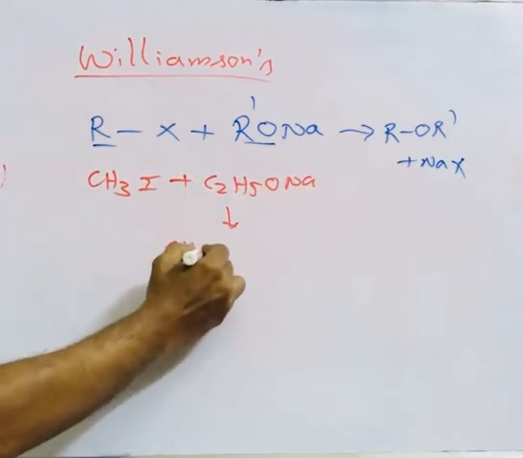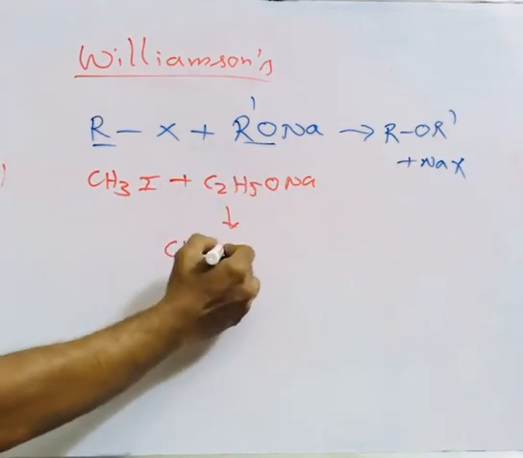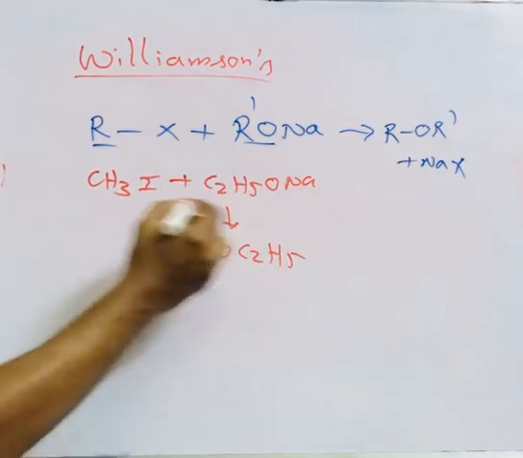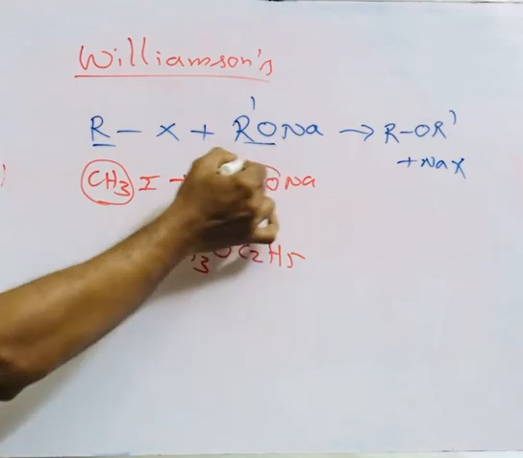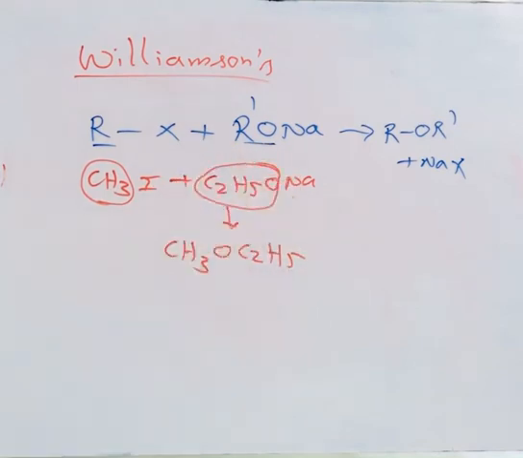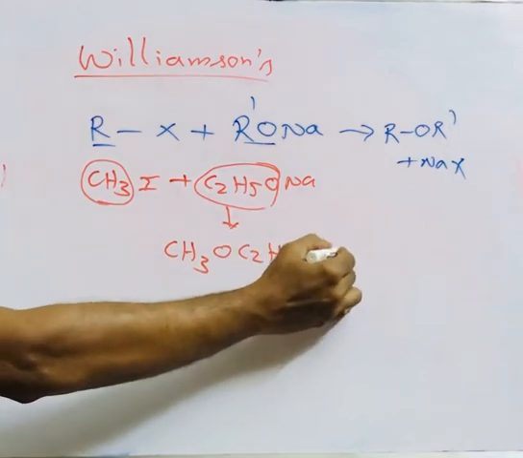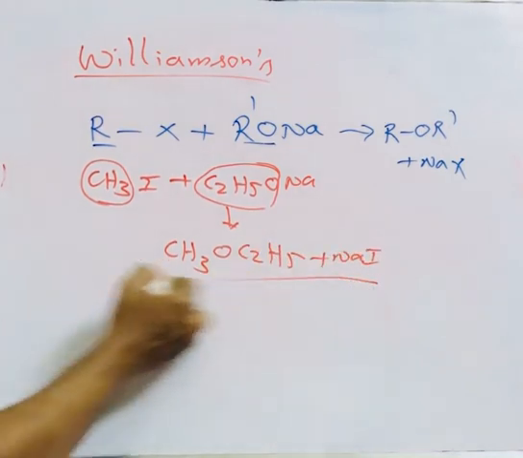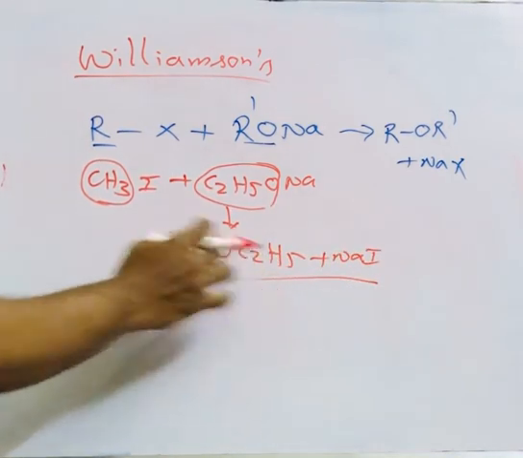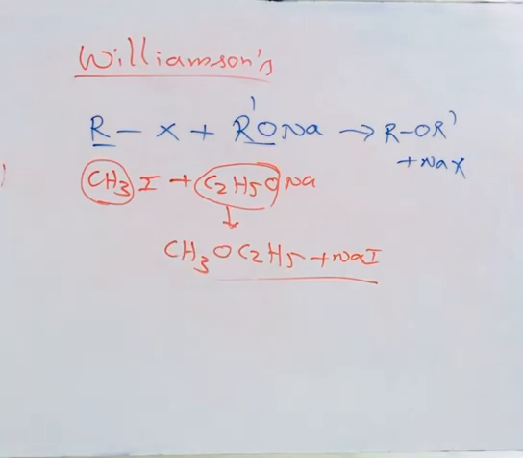So CH3, then O, C2H5. Simple. O is the connecting part. So CH3OC2H5, then NaI. So this is ethyl methyl ether. This is the way we can write the reaction.